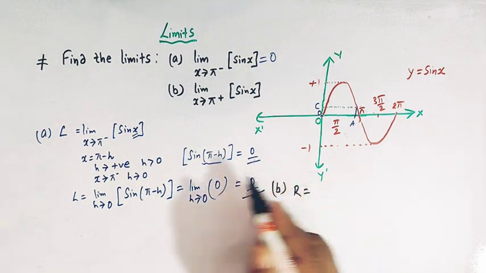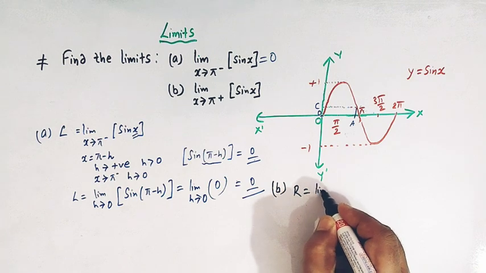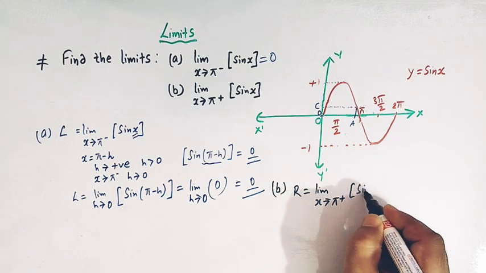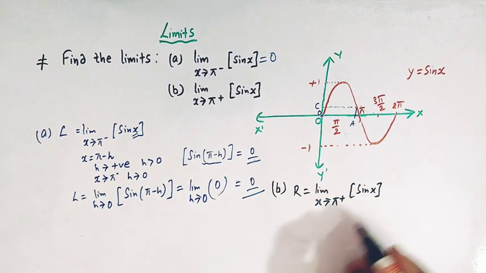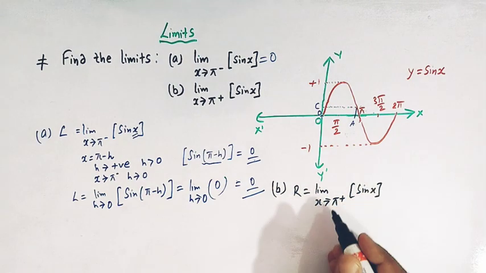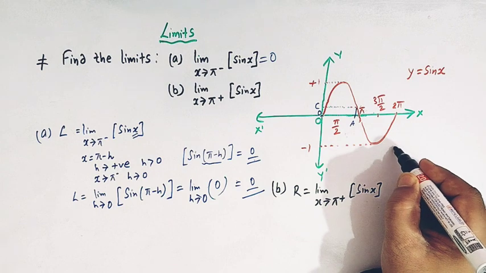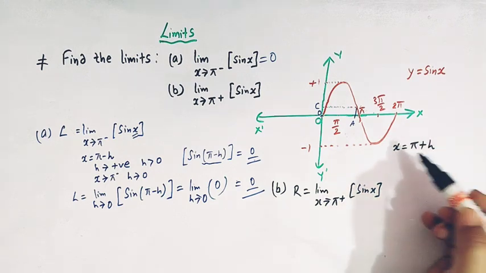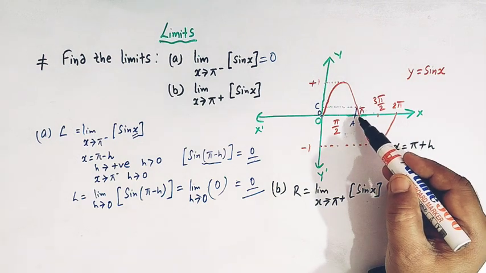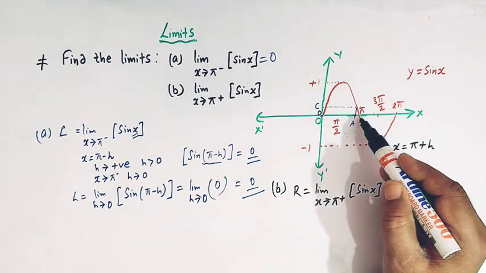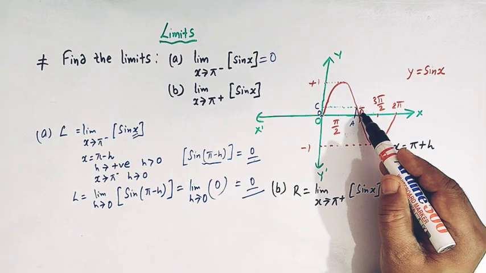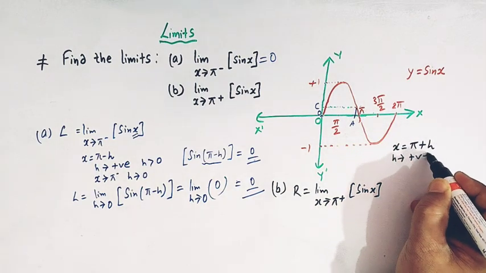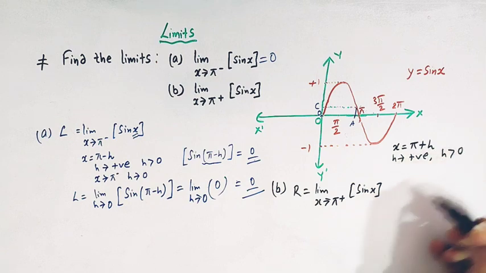So the right hand limit, that is the limit as x tends to pi plus of the greatest integer of sine x, right? To evaluate this limit, we'll take x equal to pi plus h. In this case, we'll take a point in the right neighborhood of x equal to pi, so again h is positive, h is greater than 0.